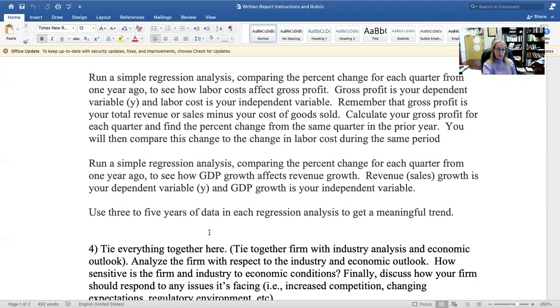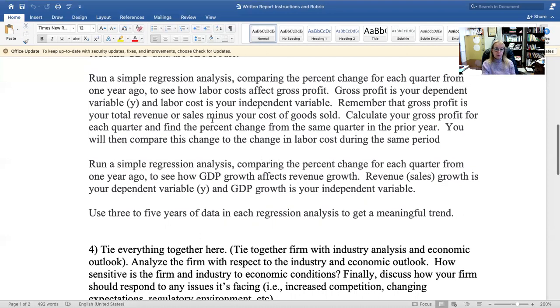Now, I have the GDP data on Moodle for you, and I have the labor cost data on Moodle. You'll have to get your individual company data, obviously. Now you can also add other variables. You can add as many independent variables as you want to both of these regression analyses. Like I said, I have the GDP data and the labor cost data, but you can also think about the unemployment rate.